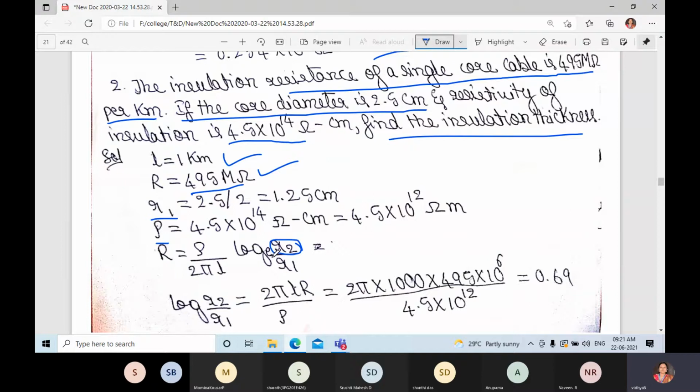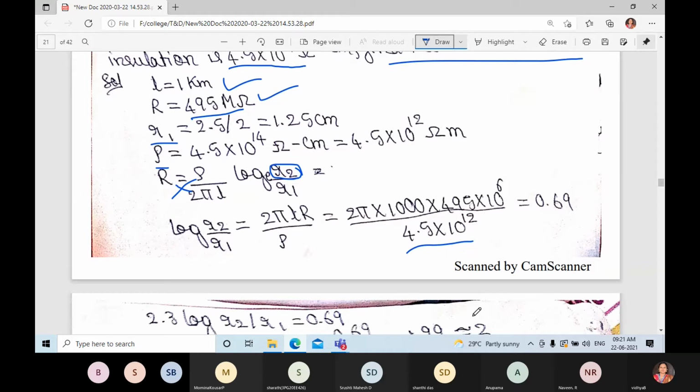So we know the value of log R2 divided by R1 is equal to, cross multiply, 2 pi L into R, and in the denominator, divided by rho. We know the value L is 1000 and R value is 495 mega ohm, and rho value is 4.5 into 10 to the power of 12.